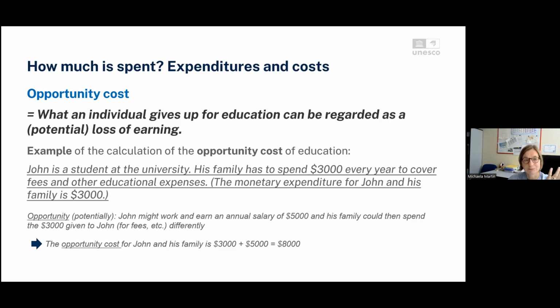While John is at the university, he could also go out and earn an annual salary, which could be in the order of $5,000. So the opportunity cost for John's education is then the monetary expenditure, the $3,000, plus the foregone earning of $5,000, which brings the opportunity cost to $8,000. So sometimes the notion of opportunity cost comes in when we think about people making educational choices.